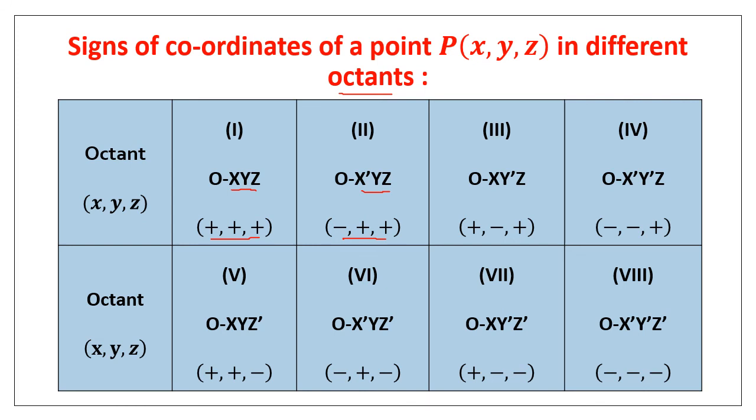In the third, x, y dash, z means y has a negative sign, x and z positive. In the fourth, x dash, y dash, z means minus, minus, plus. In the fifth octant we have signs plus, plus, minus. In the sixth, minus, plus, minus. In the seventh, plus, minus, minus, and in the eighth octant minus, minus, minus, since the octant is x dash, y dash, z dash.